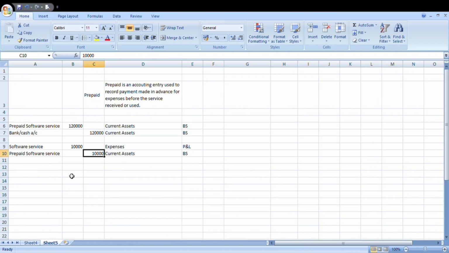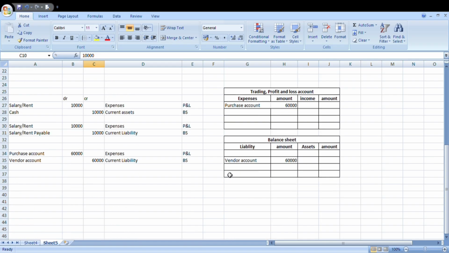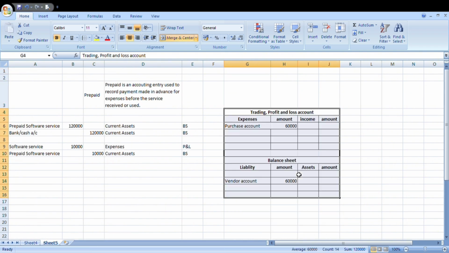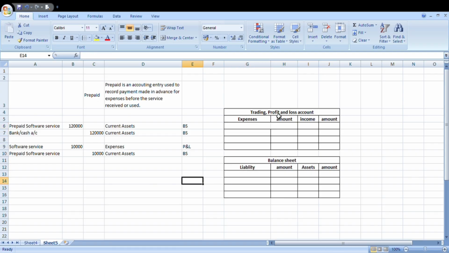So how will this impact our P&L and balance sheet? I just copy this and paste here. Once we make a payment, these two affect only the balance sheet, on the asset side.